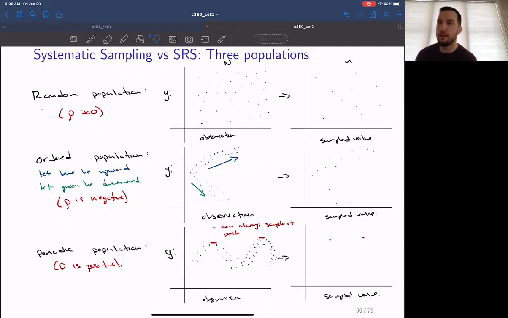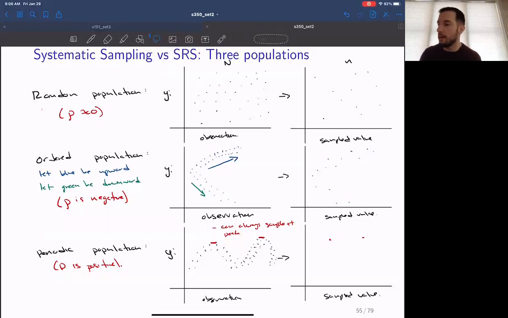In the second case, we have what was supposed to illustrate the ordered population. There are 2 different directions that we considered here, but the result is the same. In blue, we have an upward or positive order, and in green, we have the negative trend or downward order.